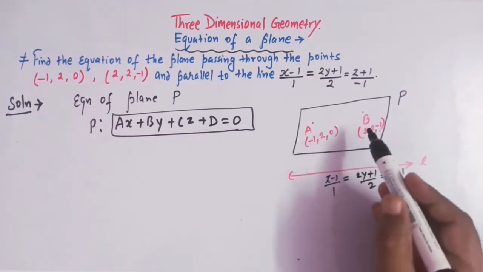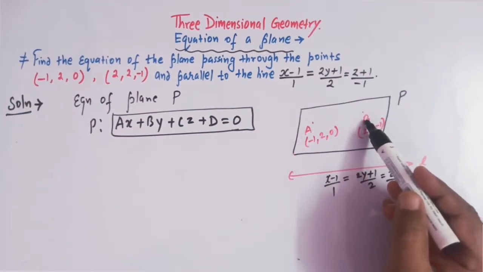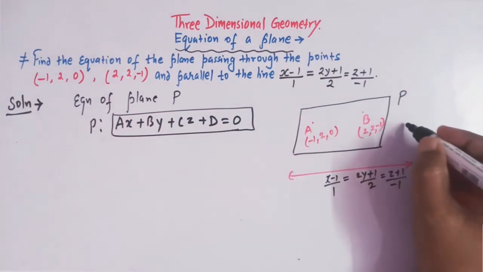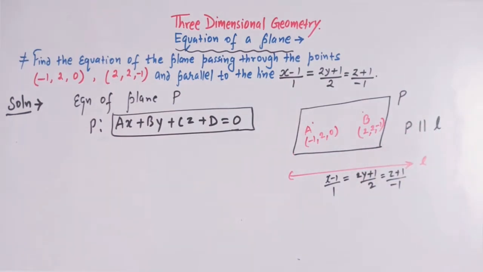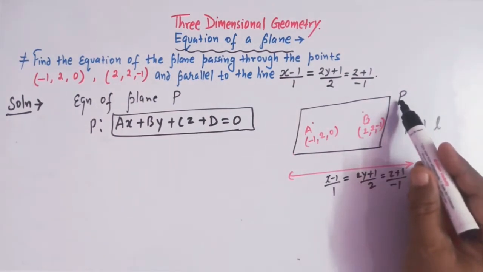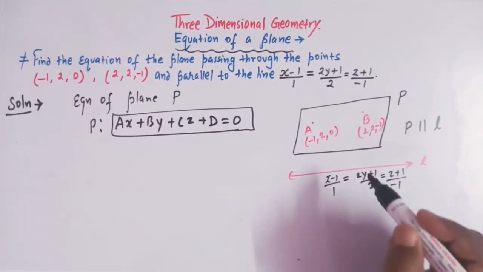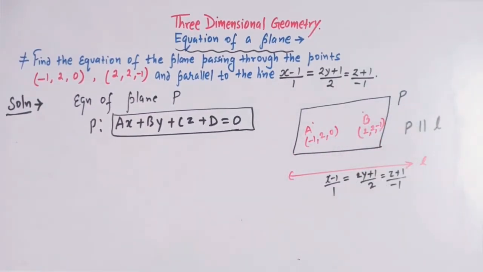And we are given the conditions, that is this point A and this point B lie on this plane, and this plane P is parallel to this line L, right? So when a plane P is parallel to some given line, then the normal to the plane P is perpendicular to the given line L, right?